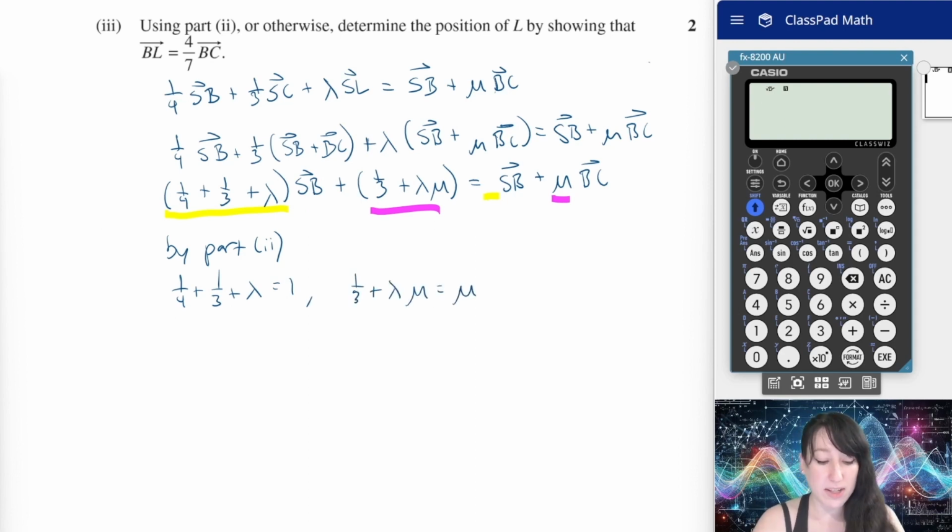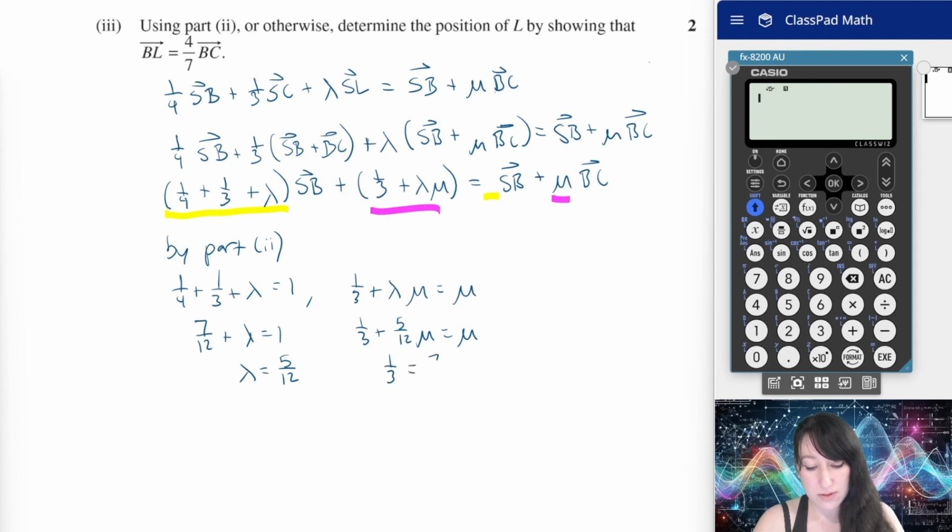Now the first equation gives us 7/12 plus lambda equals 1, so lambda is equal to 5/12. And then in the second equation, we have 1/3 plus 5/12 mu equals mu, which is 1/3 equals 7/12 mu.